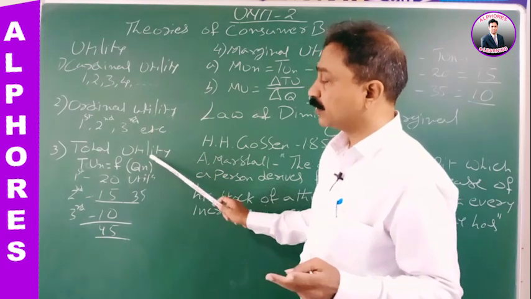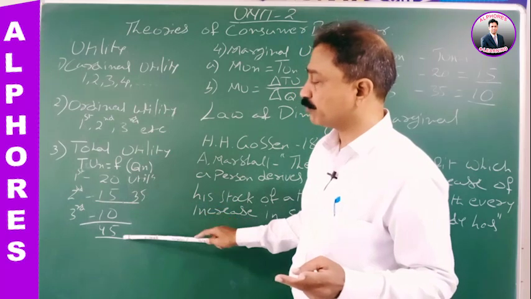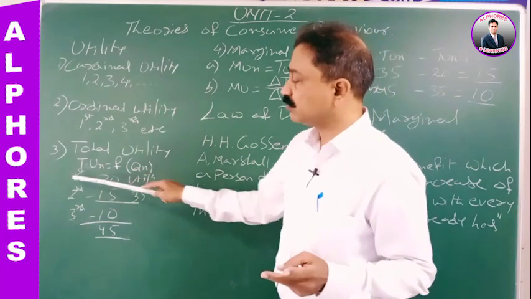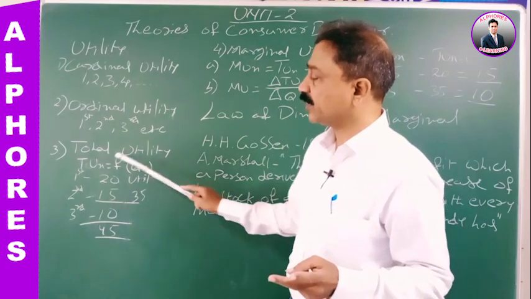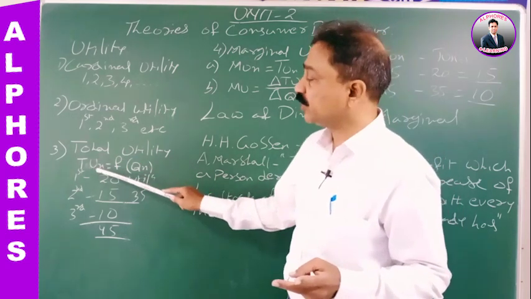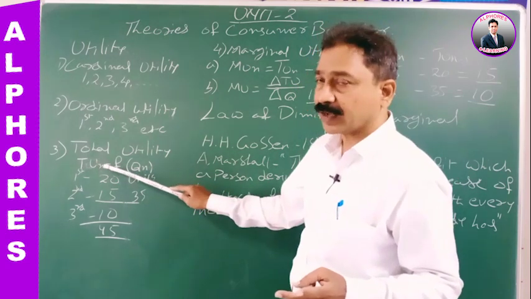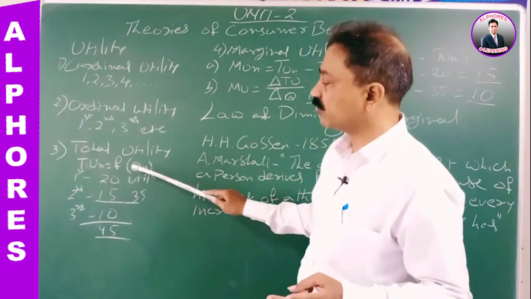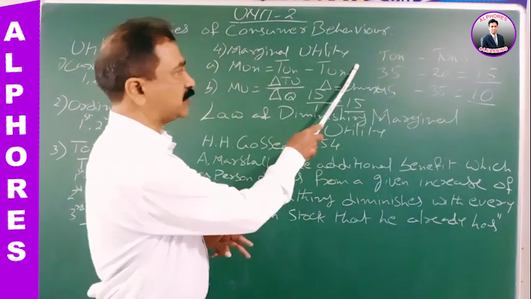Total utility: along with the quantity of commodities, satisfaction also goes on increasing. Putting together all commodities, we see the total utility. This can be explained mathematically as TUn = f(Qn). Total utility of n commodity has a functional relation with the quantity of n commodity. Next we will see marginal utility.